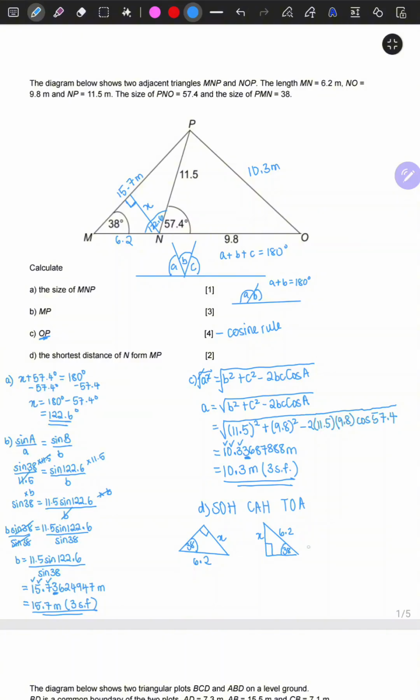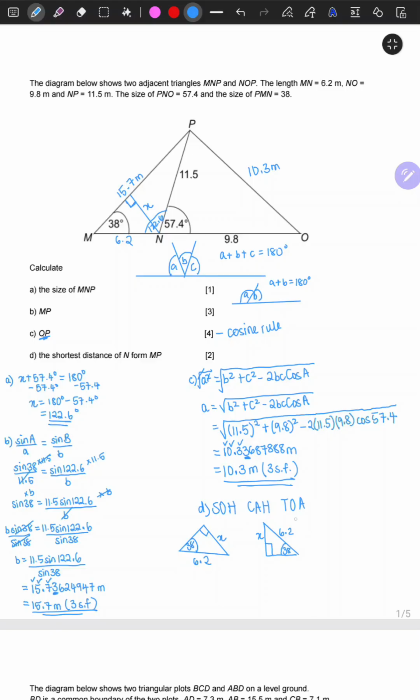So in this case, let's look at this angle. Usually the hypotenuse is the longest side, so 6.2 will be the hypotenuse. Even here 6.2 is still the longest side, and then the opposite would be whatever is opposite to this angle. So the opposite of 38 is going to be X, which is what we're trying to look for.